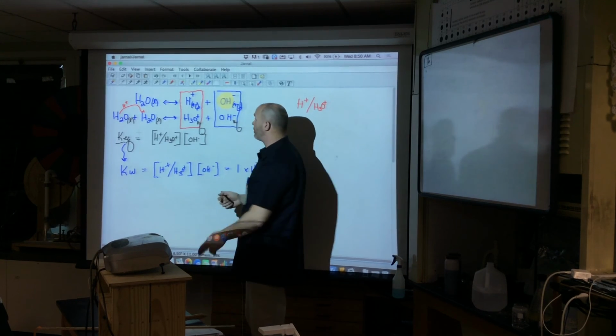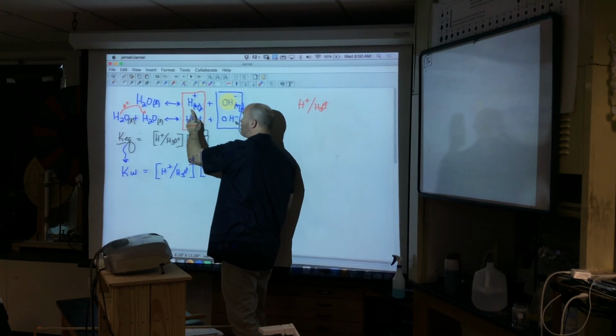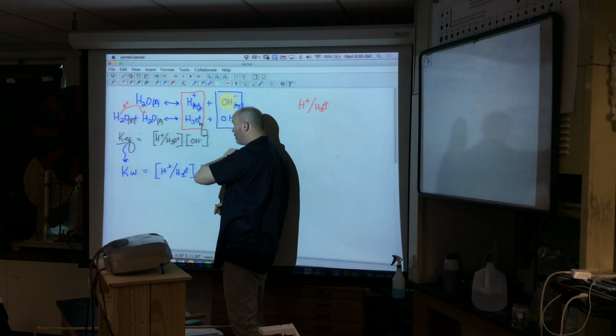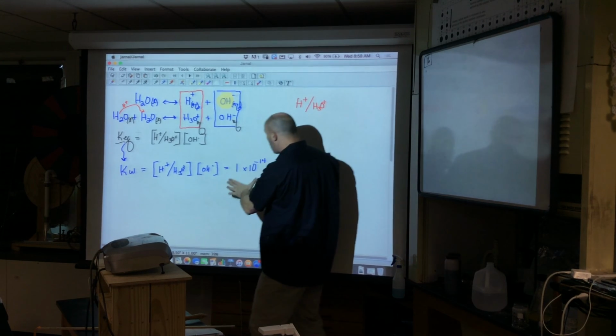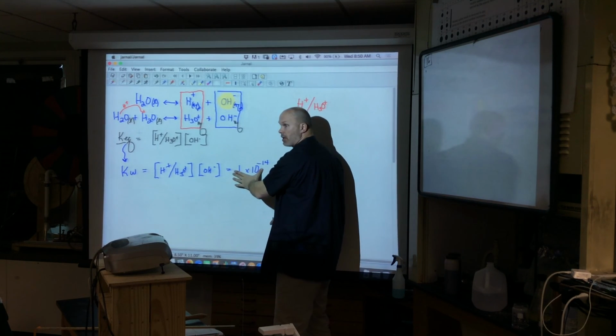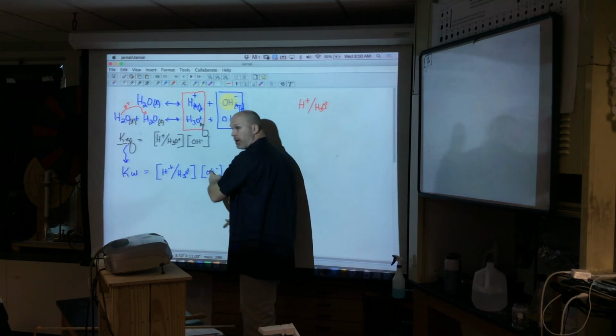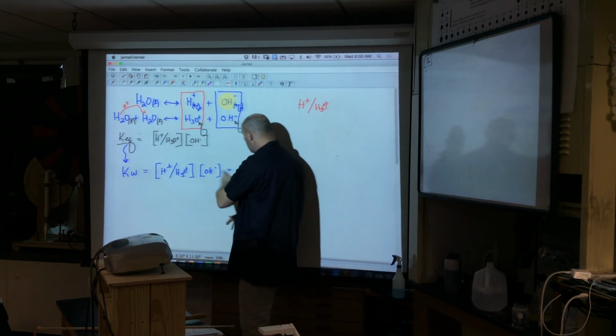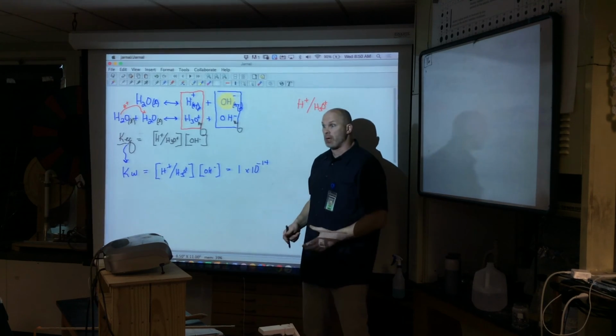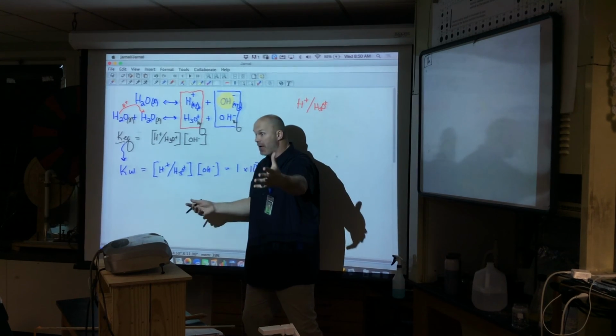If I do an ice table, pure water would be plus x, correct? So wait a minute. If I know that Kw is 1 times 10 to the negative 14, this would be an x, and this would be an x. And what's the square root of 1 times 10 to the negative 14? 1 times 10 to the negative 7.